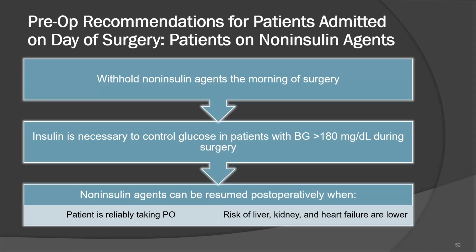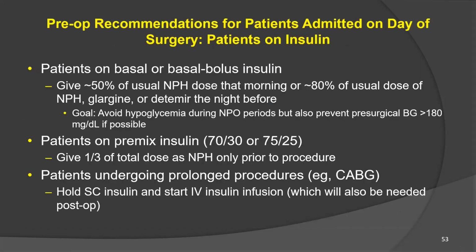And non-insulin agents can be resumed post-operatively when the patient is reliably taking food orally, and the risk of liver, kidney, and heart failure in such patients is lower. So these factors you have to keep in mind when you are dealing with patients who are on non-insulin agents at home. Simple. But for patients who had been on insulin, there's a difference.